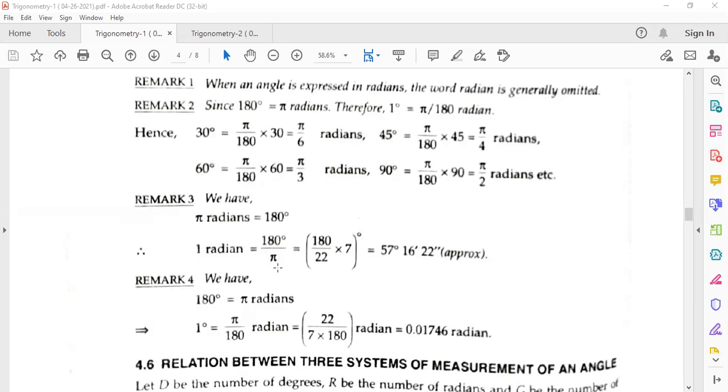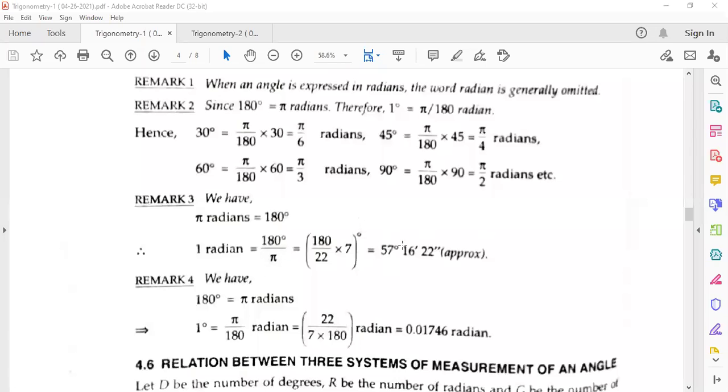Not only that, if we can write any number in the form of p by q where q is not equal to 0, and p and q are in least terms. There is no common factor between p and q, right? And for irrational number there is non-terminating and non-recurring.